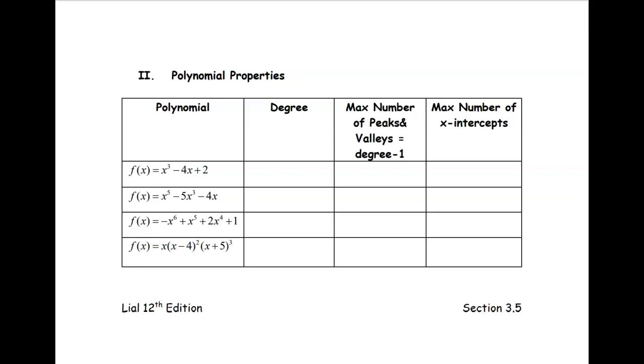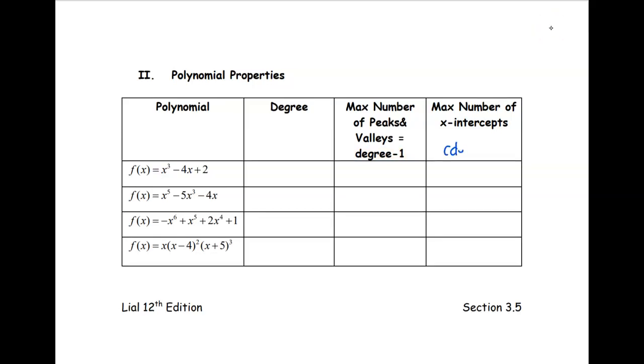So the degree minus 1 is the number of turning points, or that's the maximum number of peaks and valleys. And then you can also get the maximum number of x-intercepts. The maximum number of x-intercepts is just equal to the degree of the polynomial.